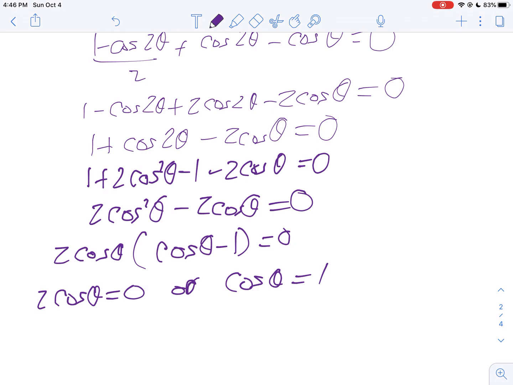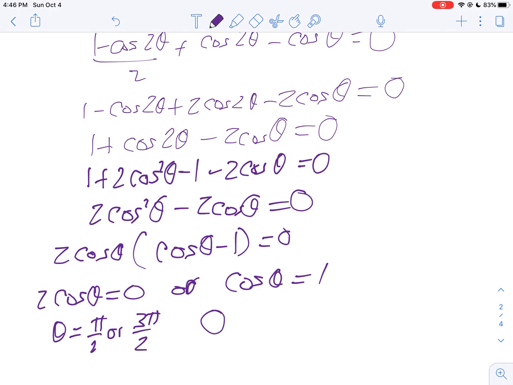When does cosine equal 0? And when does cosine equal 1? Well, when cosine is 0, that means theta is, let me see, pi over 2 or 3 pi over 2. Cosine theta equals 1 at 0.